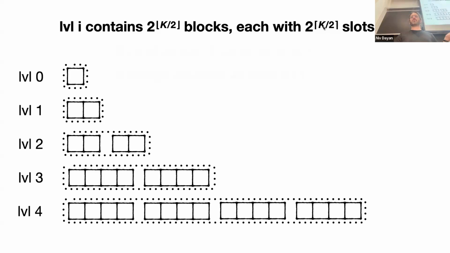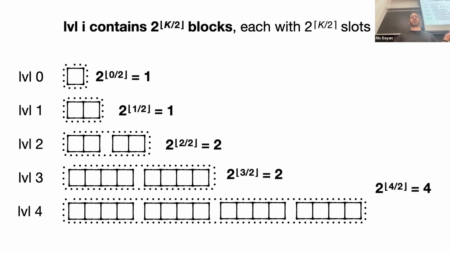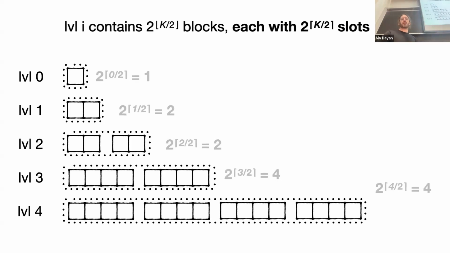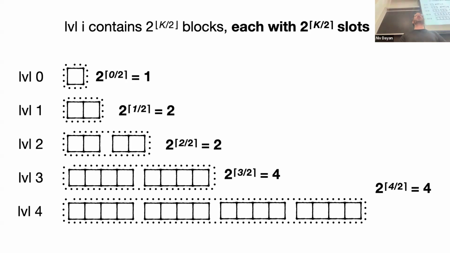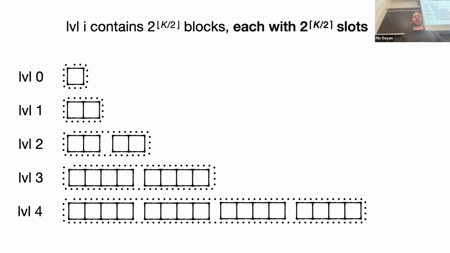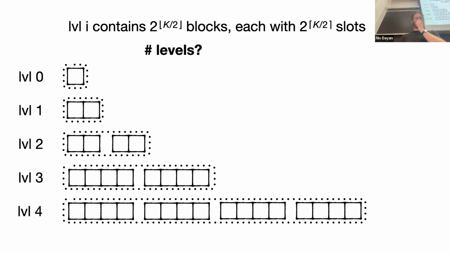And each one of these arrays at level k is going to have this number of slots. I added these just so you can verify that this actually works. This was for the blocks, and this is for the number of slots in each one of these. So the total number of levels that we have here is log of n.